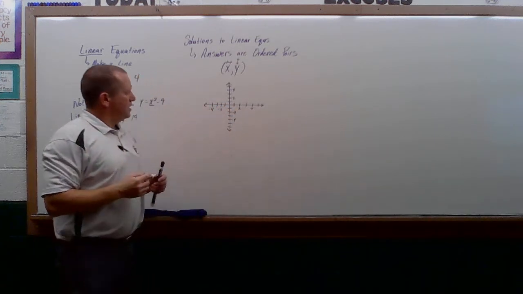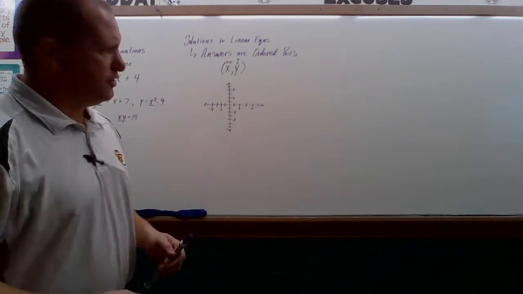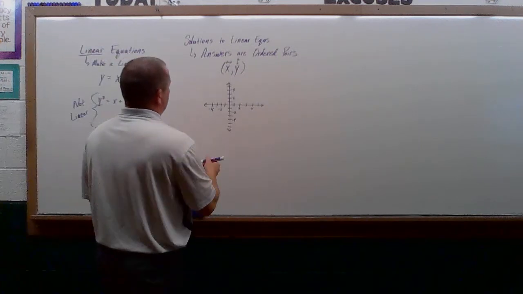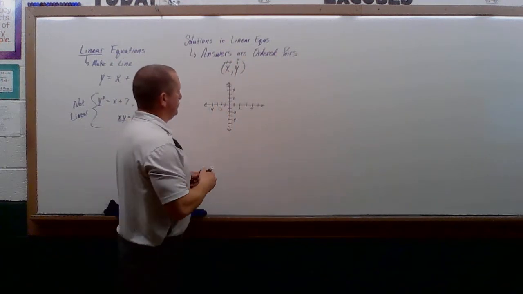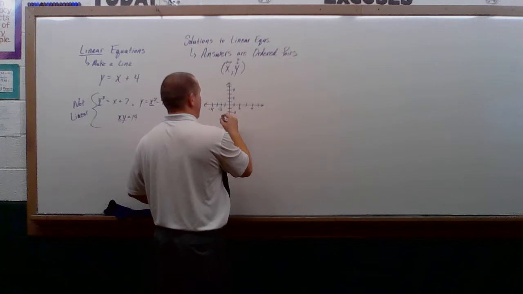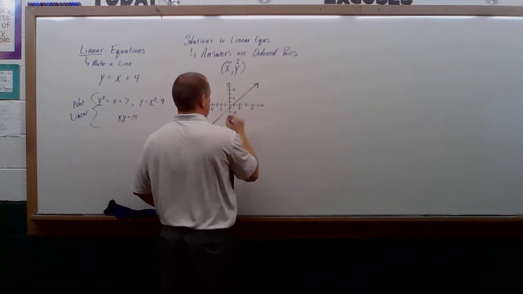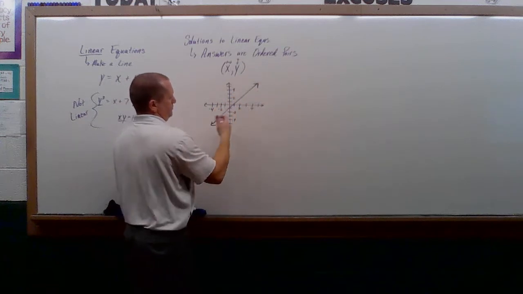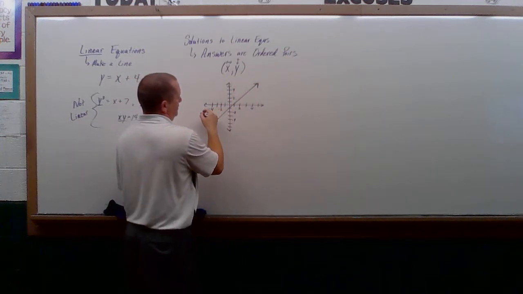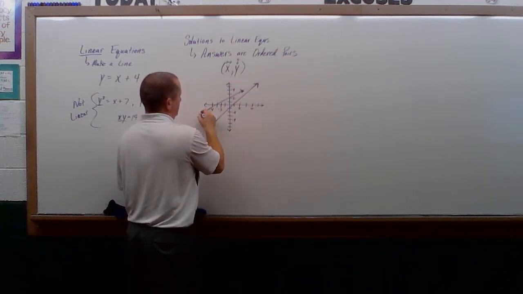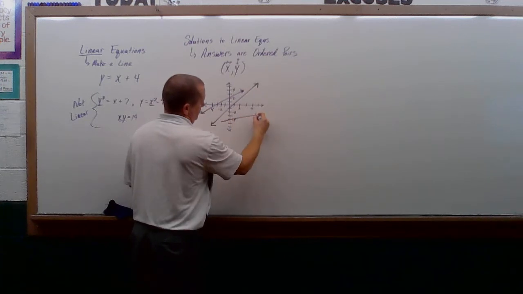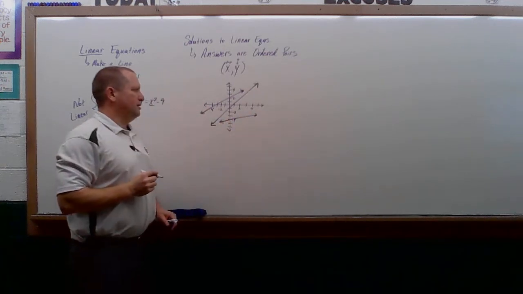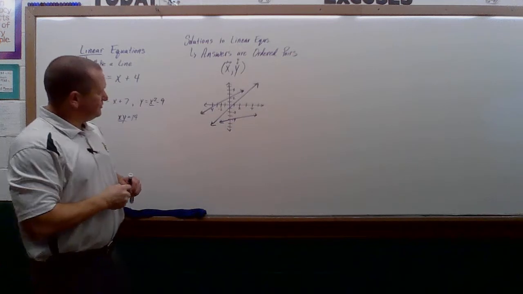Okay? When we do this now, there are different options for a linear equation. We could have a positive line. A positive line is anything that's going in this general direction, from the bottom left to the top right. So even if it's a little shallow or not as steep, those would all be considered positive slopes.